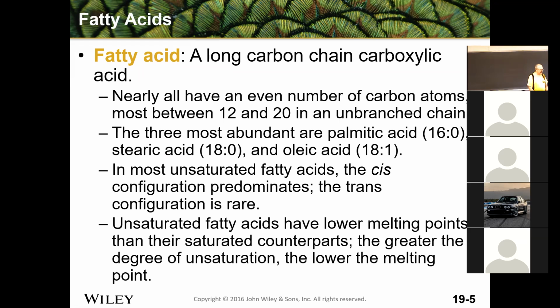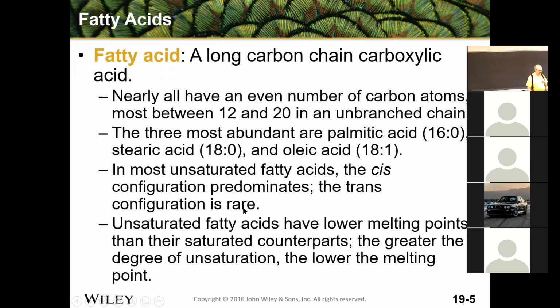The 3 most abundant are palmitic, which has 16 carbons and no double bonds, stearic, which has 18 carbons and no double bonds, and oleic, which is 18 carbons and 1 double bond. In most unsaturated fatty acids, the cis configuration predominates.